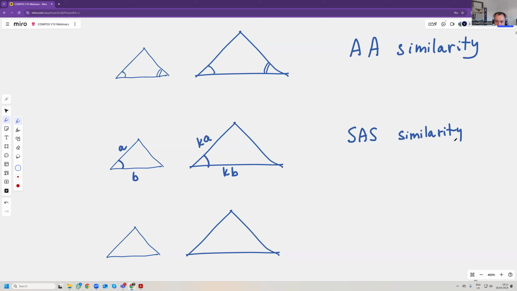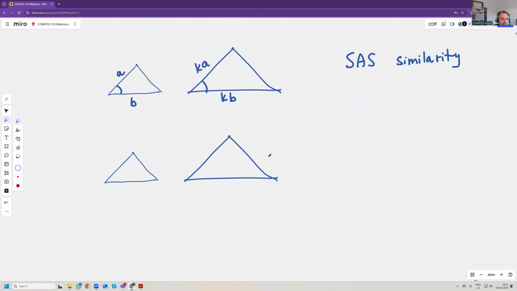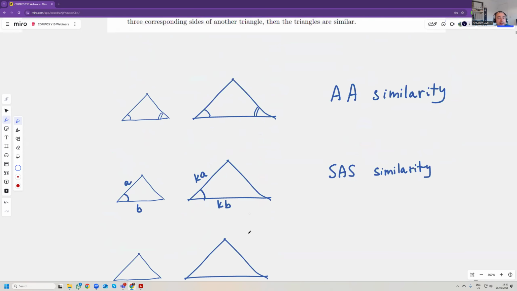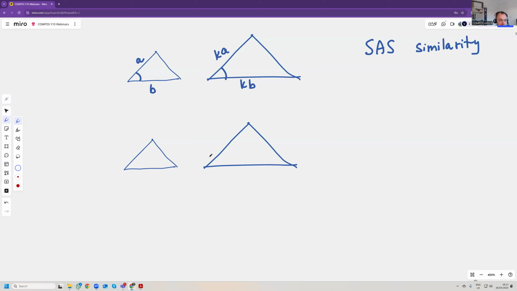Two sides are in proportion, right? I hope that makes sense. And the final one is side, side, side similarity. Obviously if you have A, B, and C, and this is KA, KB, and KC, and they are in proportion, that's side, side, side similarity.